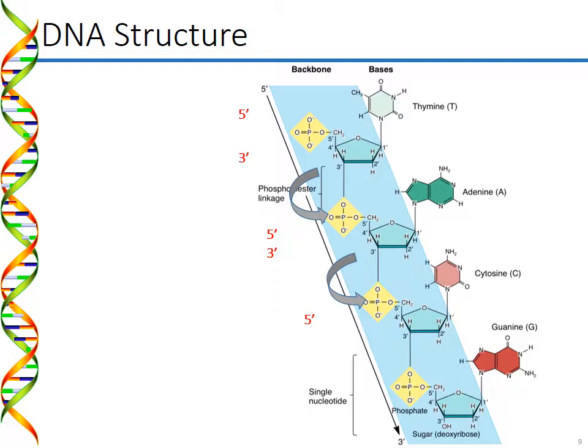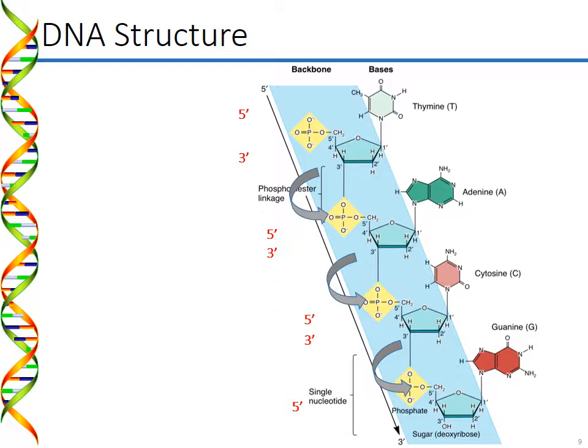The OH on the second nucleotide would bind to the phosphate group on the third nucleotide, and then the OH group on the third nucleotide would bind to the phosphate on the fourth nucleotide.